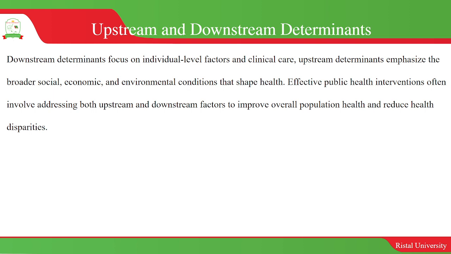If you're going to design public health interventions, you may need to look at which factors you are going to really focus on. It is better to look at both upstream and downstream factors in order to improve health.